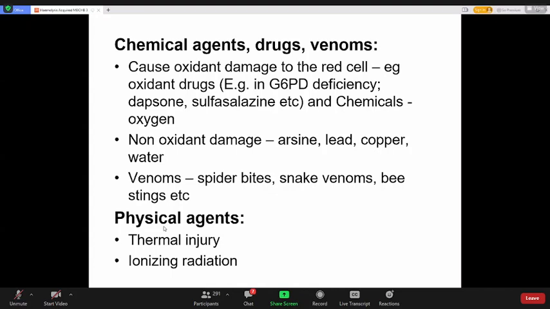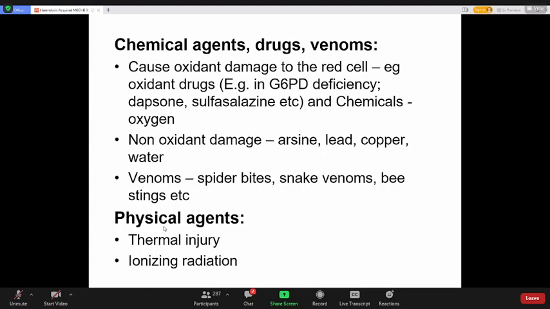All right, so snake bites, spider venoms, and then you have chemicals that give you non-oxidant damage like arsenic, lead, copper, even water can give you non-oxidant damage to the red cell membrane and gives you hemolysis or destruction of the red cells.